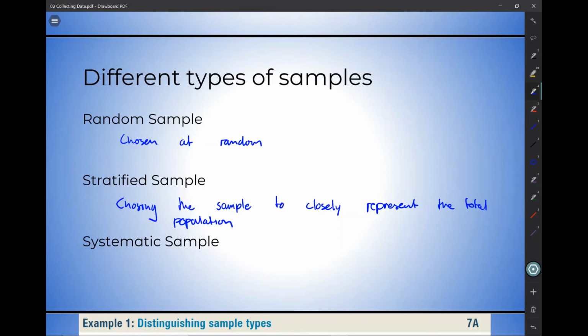And a systematic sample is following a system, as the name suggests. So what I mean by that is, let's use the example of the year 12 class again. A way to get a systematic sample of the people in year 12 is you would line everyone up alphabetically and take every 5th person, for example. You have a system for choosing your people, so your choice isn't random, but you haven't really put any thought into making your sample match the population.